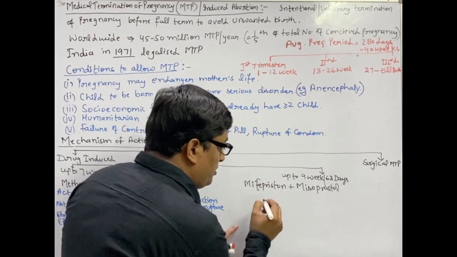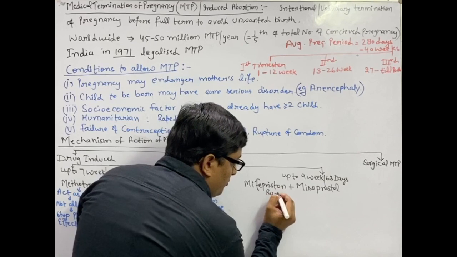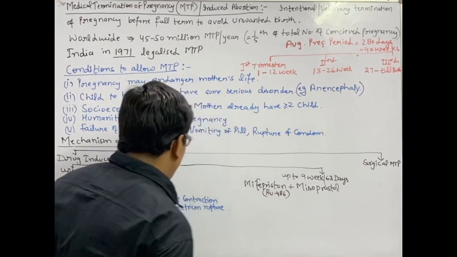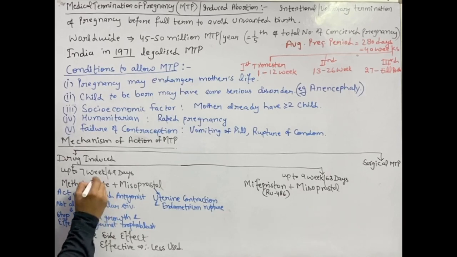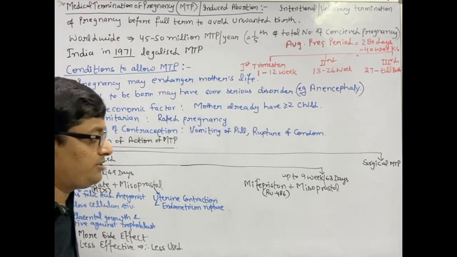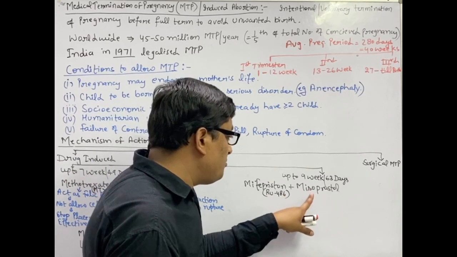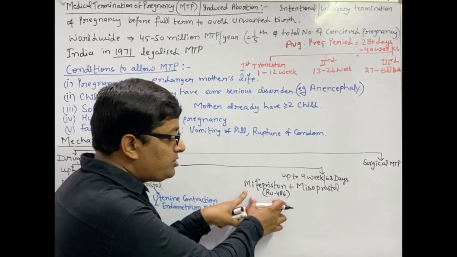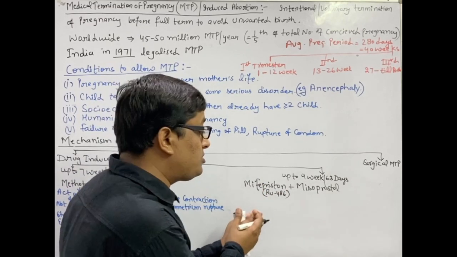Mifepristone is also called RU486, and methotrexate is called MTX. Misoprostol causes the uterine contraction, but mifepristone acts as the progesterone antagonist.